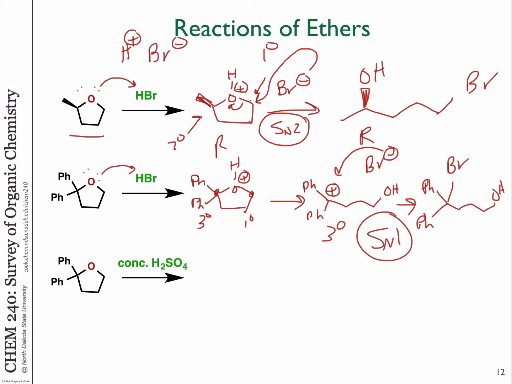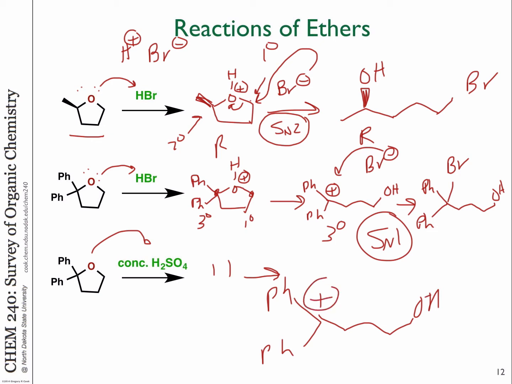In the last case, we get to the same intermediate. You form that same intermediate with concentrated sulfuric acid, and it forms the same intermediate carbocation. Okay, but then we don't have a nucleophilic halogen. So what happens with that carbocation?